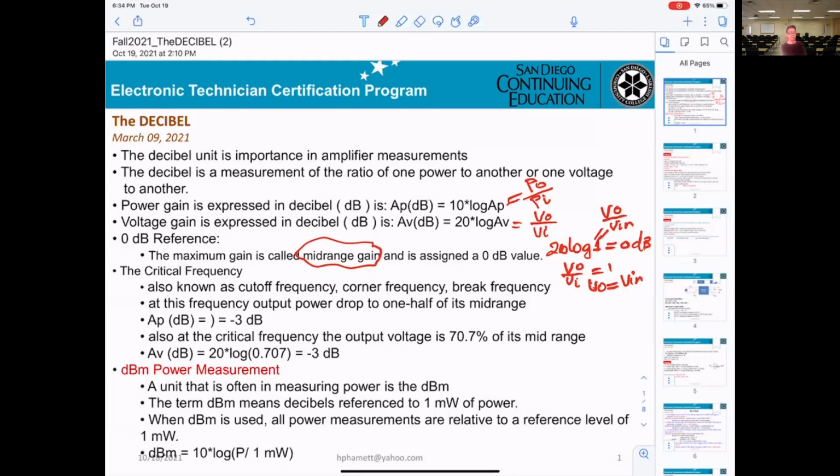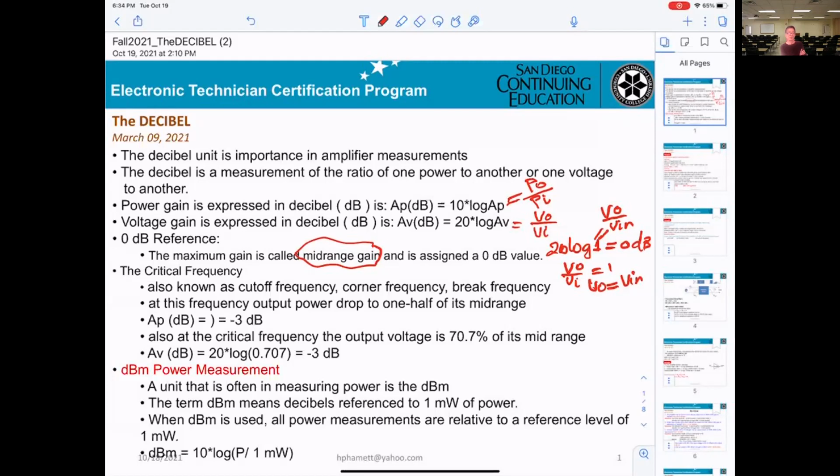Okay, any question up to this point? If we have loss, the decibel is going to be negative. Decibel depends on the power gain.